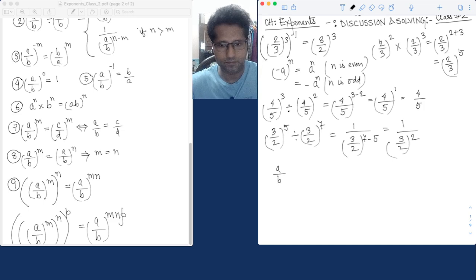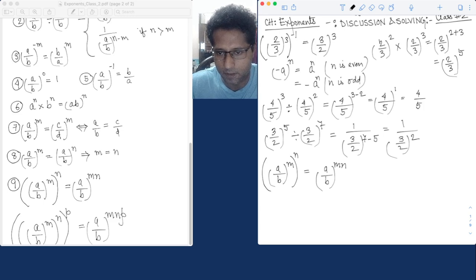So a by b is a rational number. We raise it to the power m. So this is a rational number in exponential form. Now, if we raise this number again to a power n, then the result is nothing but the same base a by b raised to the power we get by multiplying the two powers, m into n, that is mn.